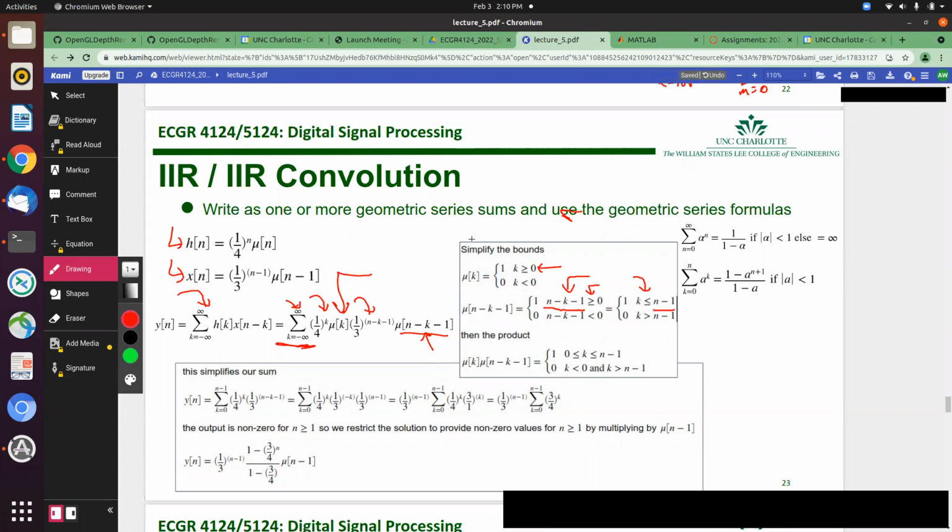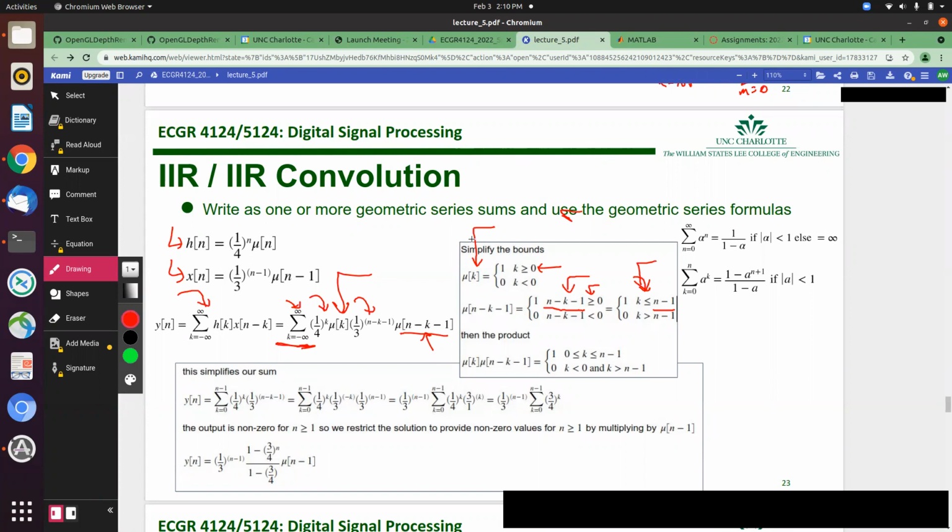And then we stop, and we think. This function starts or allows non-zero values when k is greater than or equal to 0. This function allows non-zero values when k is less than or equal to n minus 1. And you ask yourself, what could be the bounds of this summation?